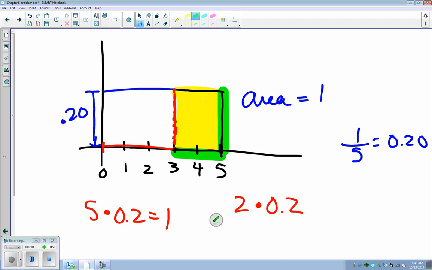If I said, looking at that distribution, what is the probability that I'm going to wait 1 minute? 0.2. If I'm just saying only 2 minutes, not 2 or less, but just 2 minutes, it'll still be 0.2.